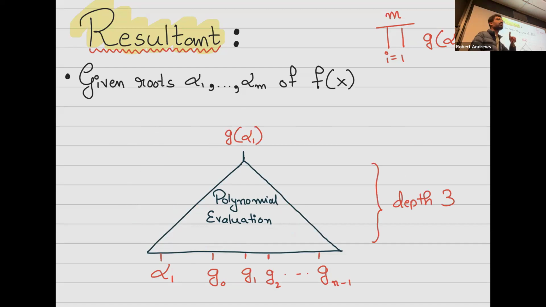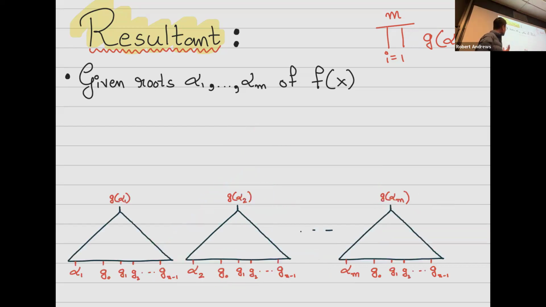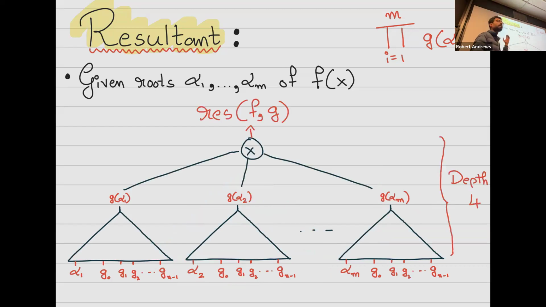I was a bit fast there, but I hope that was fine. So I have a simple polynomial evaluation circuit of constant depth that takes coefficients of G and alpha 1, and computes G of alpha 1. I take multiple copies of these and multiply them at the top. The depth doesn't increase by much because I stack them side by side. So we can compute the resultant of f and g given the roots alpha 1 to alpha m in constant depth.